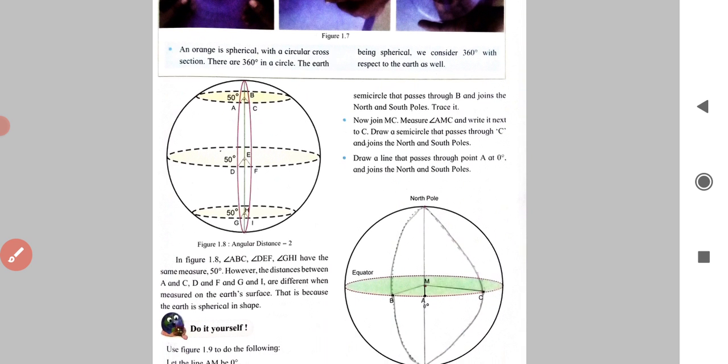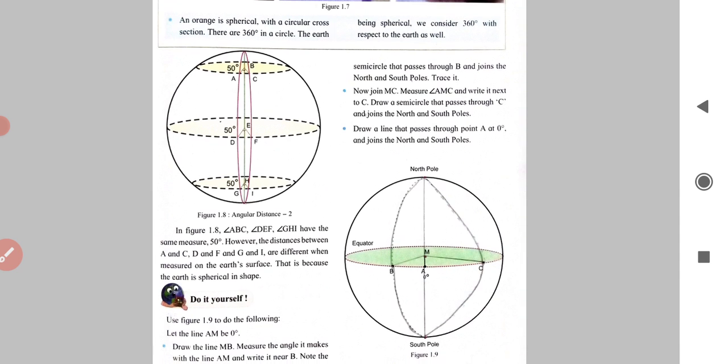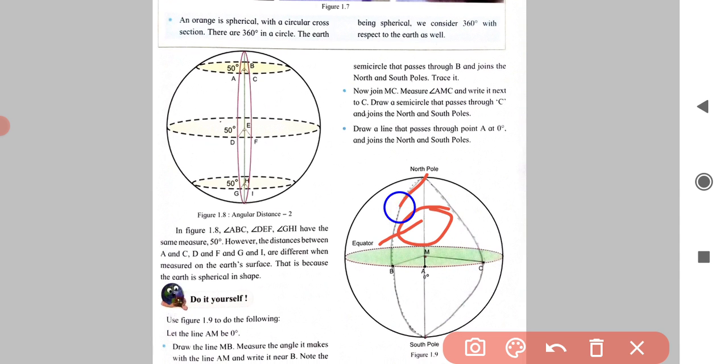Now note semicircles that pass through B and join the north and south poles. Here I have done it, dear student. You have to do it like that. Now join MC. Here see this MC also I have drawn for you.